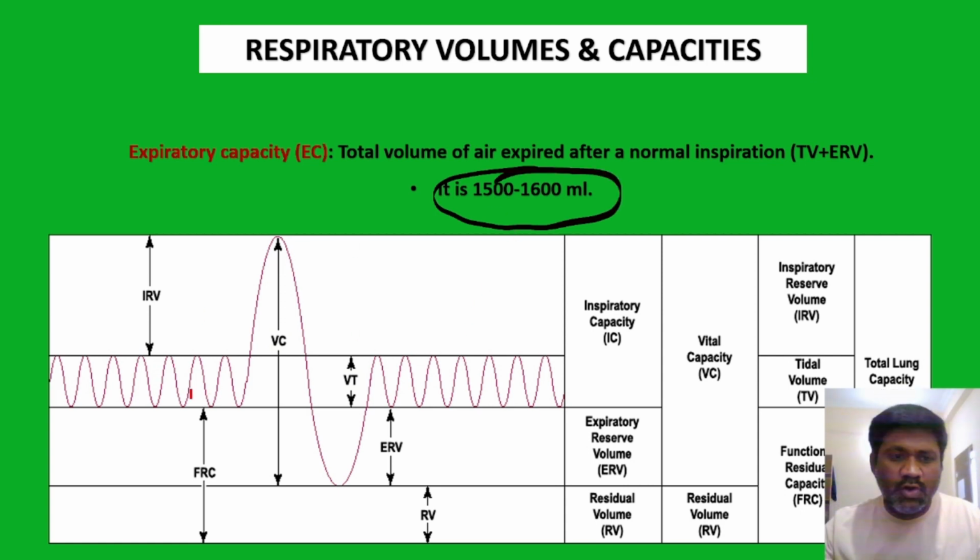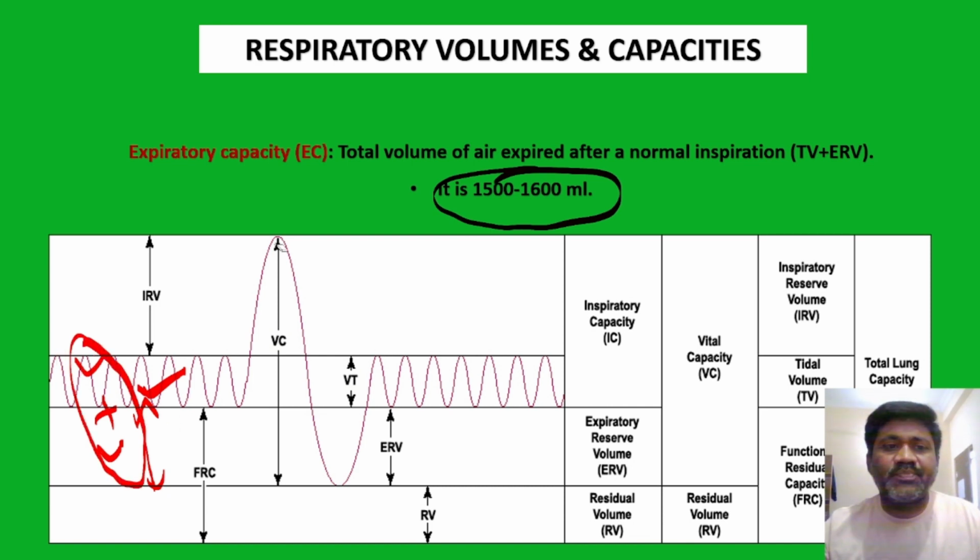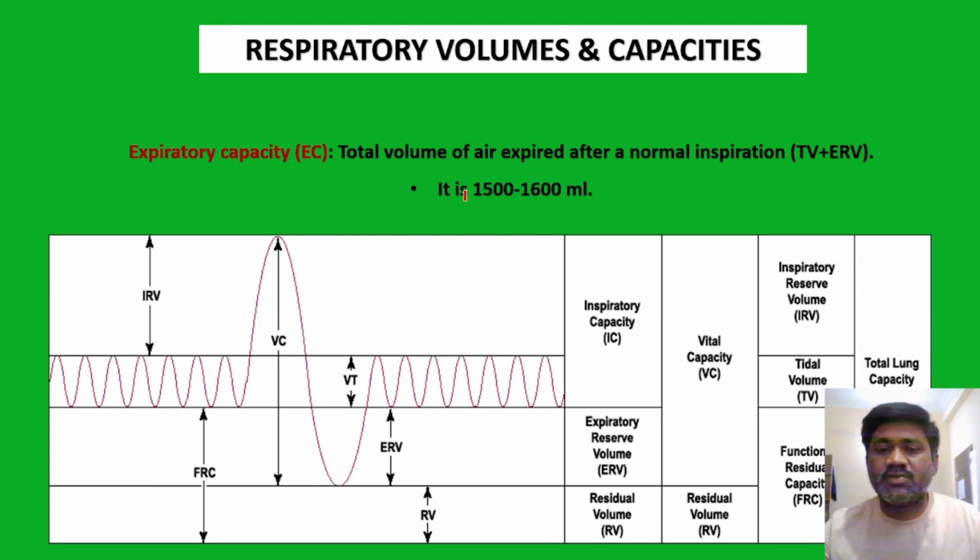Look at this. We know tidal volume on exhalation is 500 ml, and we are indicating the ERV here. Between these two lines we are indicating the ERV, right? So this one plus this one, these two together, called what? Indicating expiratory capacity, that is 1500 to 1600 ml. Why?